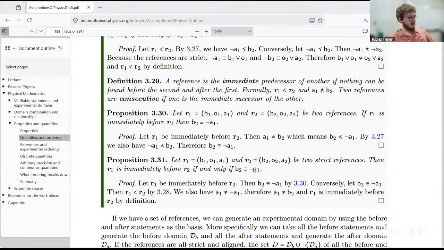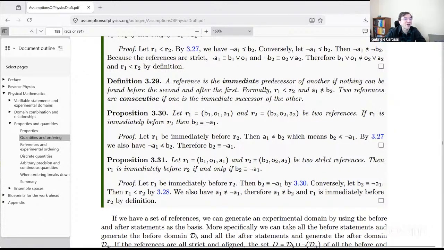Okay, but remember, that's what we want to find. We don't know that these will map to that, so we need to construct something with the references. I can look at before, not after, and then we'll find that those are the sufficient conditions.